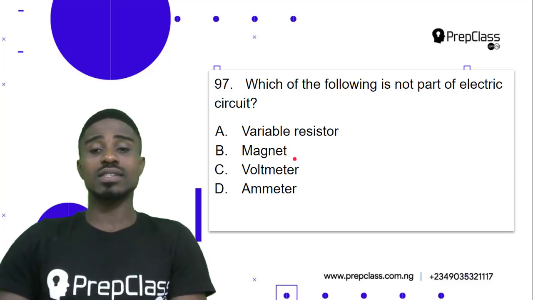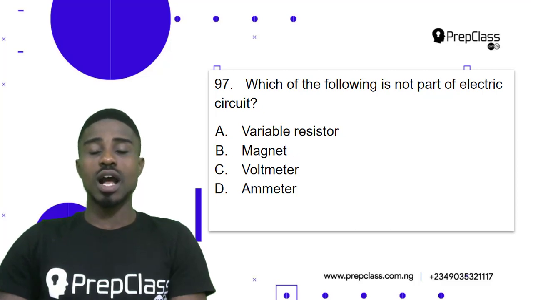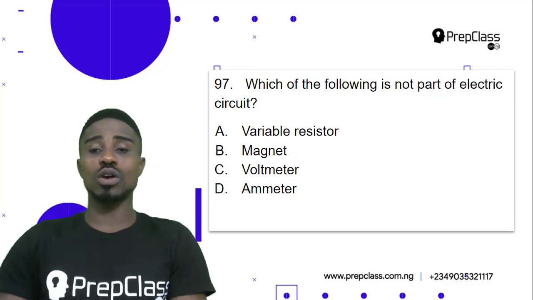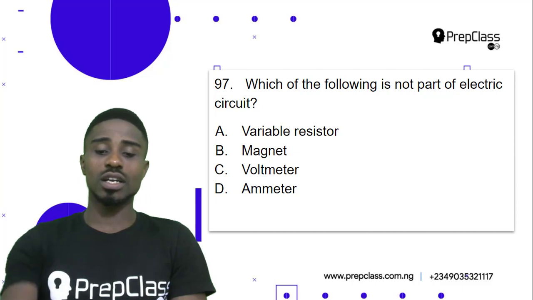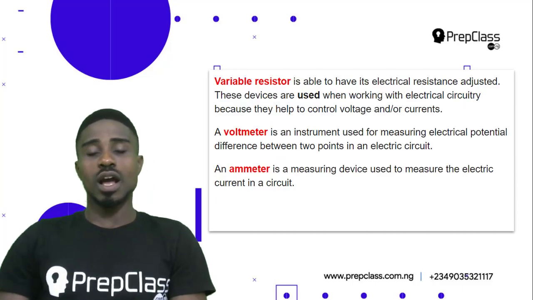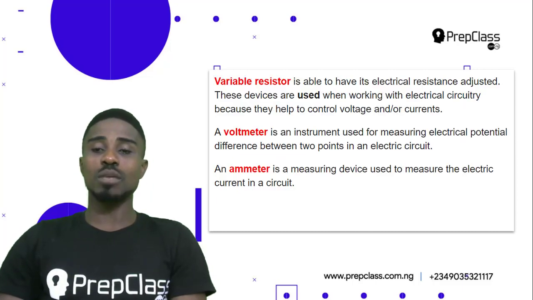Magnets has nothing to do with an electric circuit. I'm still going to be reading an explanation to give us a better conviction that magnets is our correct answer. Let's check it out. Now, a variable resistor is able to have the electrical resistance adjusted.